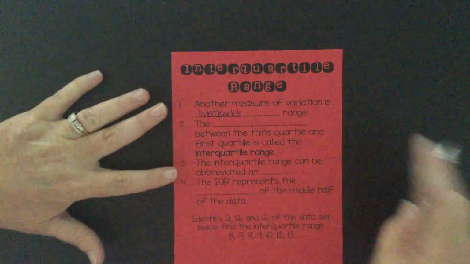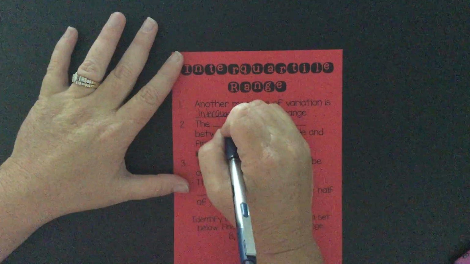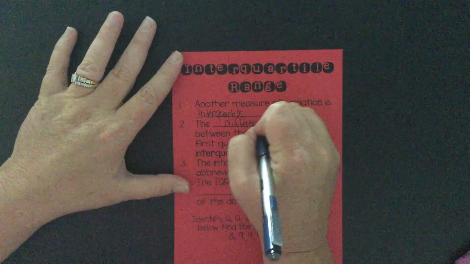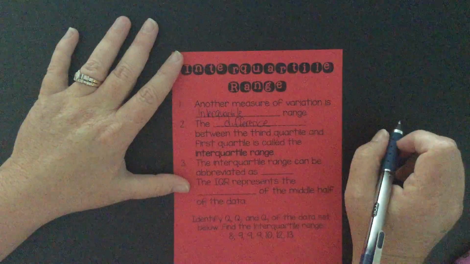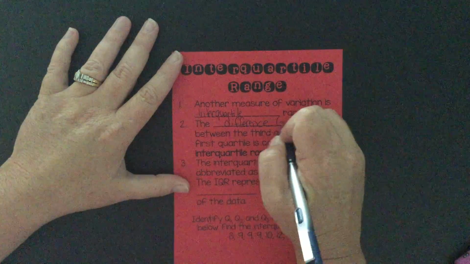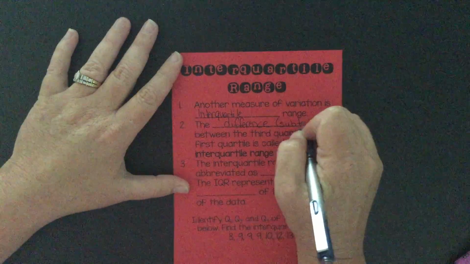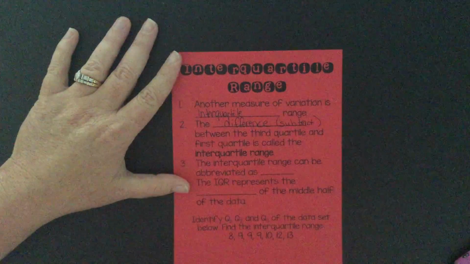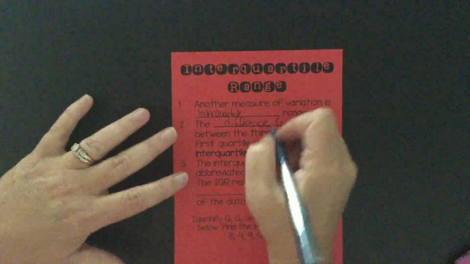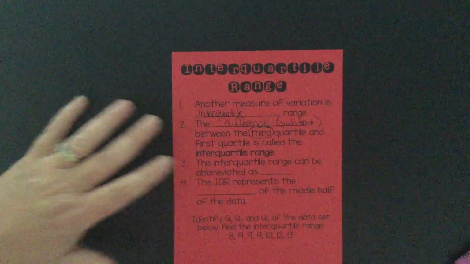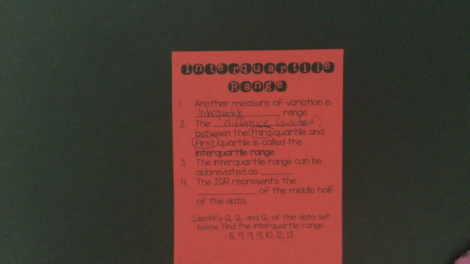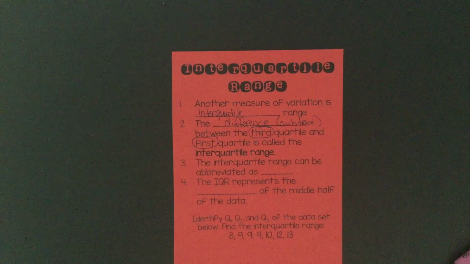All right, so interquartile range is the difference, and difference means what? To subtract, very good. So the difference between the third quartile, I'm going to circle that because that's pretty important there, and the first quartile is called the interquartile range.